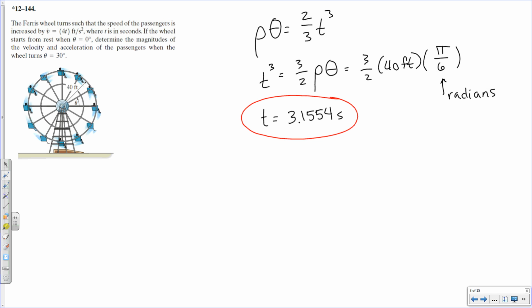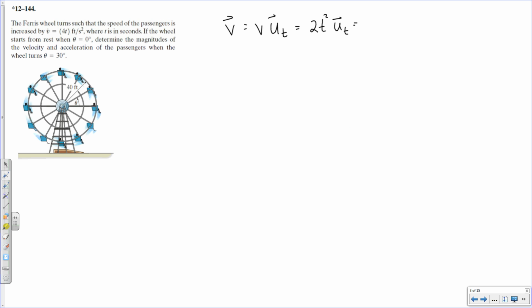The time it took to do that was 3.1554 seconds. So 2 times 3.1554 seconds squared, in the ut direction. Now we've written this in terms of a vector. They're asking for the magnitude. There's only one component, so we simply put this into our calculator, and what that value turns out to be is the magnitude of our velocity. That's 19.9 feet per second.